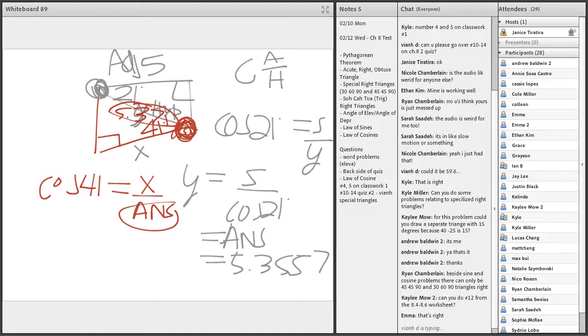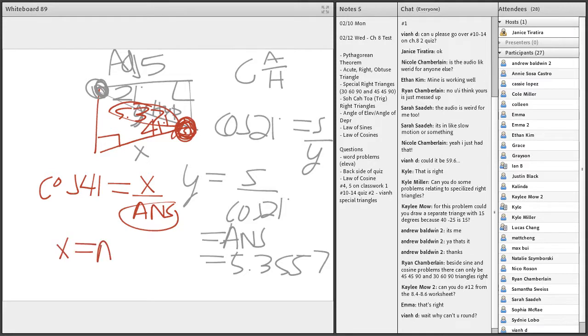So now my calculator still has it in there, and I'm going to type calc ready form is answer, which is 5.3557, right, times cosine 41. So I'm just going to hit answer times cosine 41, and that is 4.04-ish. So that's good. It's less than the hypotenuse, okay?